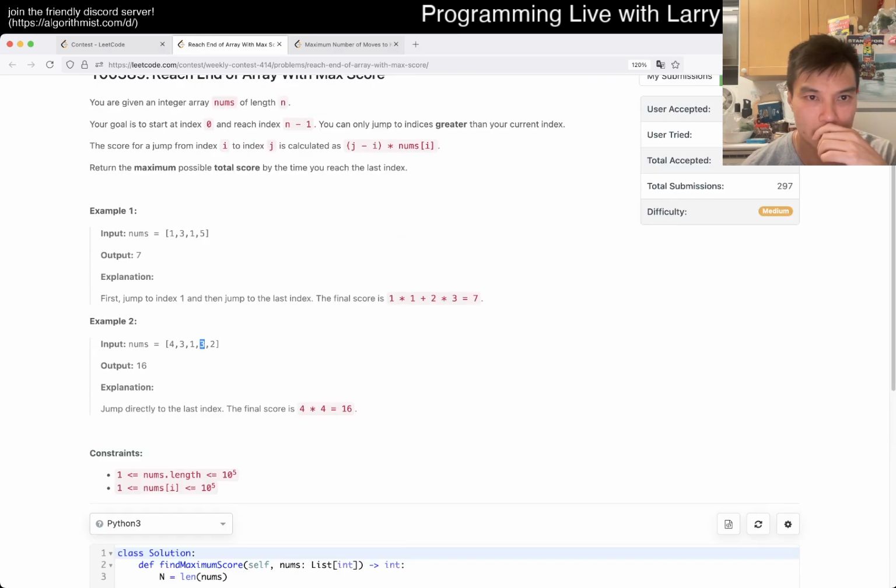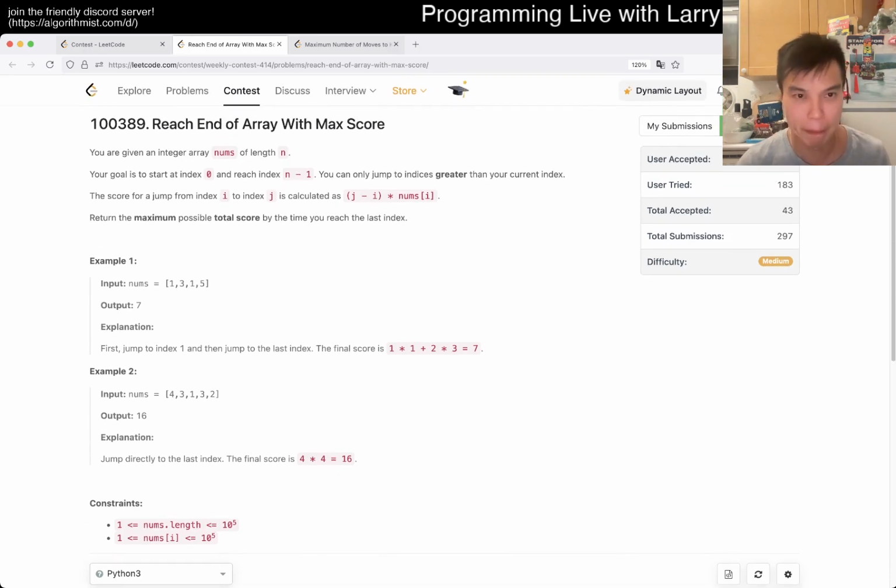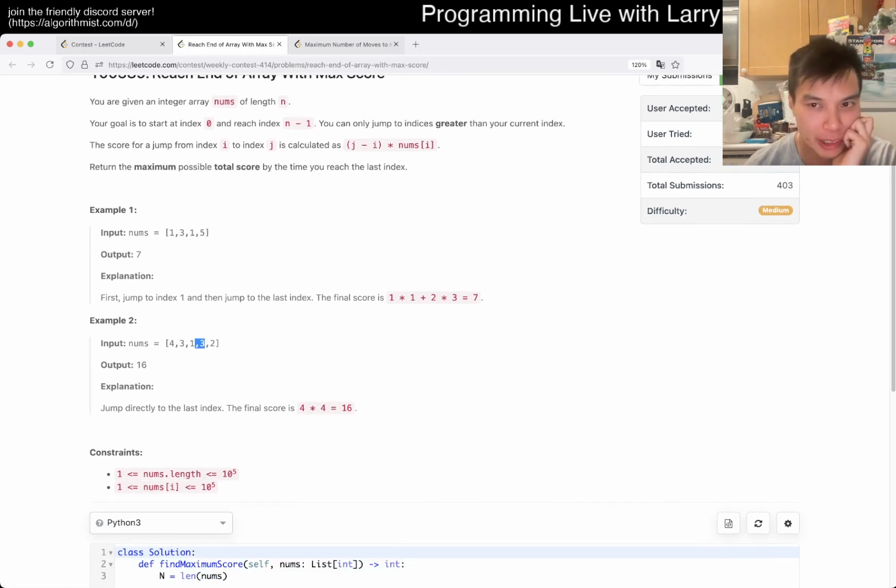So then we want to maximize 1 times this, or, okay, so every time we move to the right, so let's say we're here, it's going to be 1 times 1, or 3 times 2, or 4 times 3.